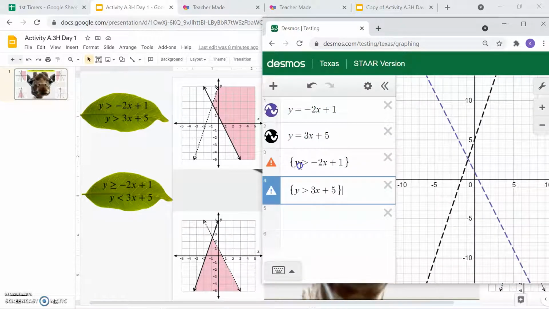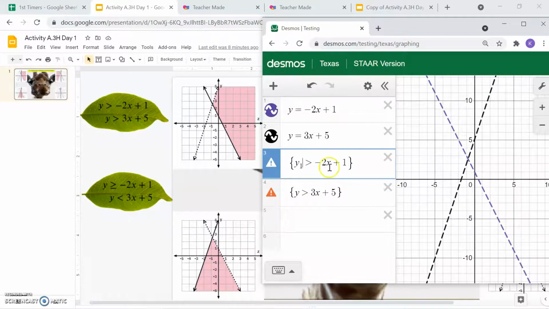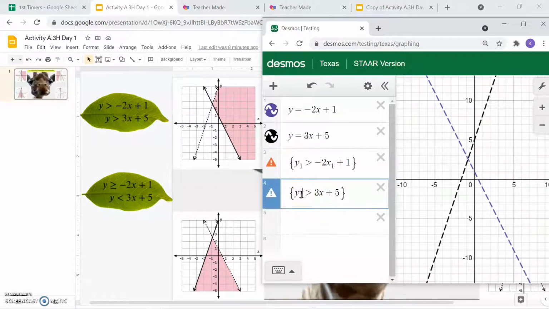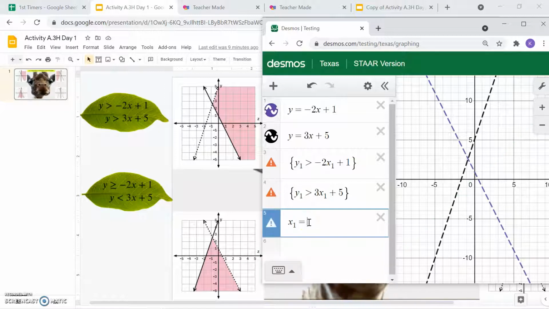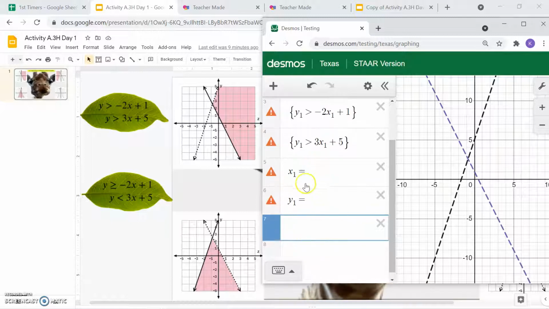If you remember correctly, these symbols are what's going to be changed. So we put y1 and x1, that way the calculator can change it automatically for us. The next thing that we're going to do is x1 equals and y1 equals, and that is a point that we're going to put in here depending on the shaded region of the graph.